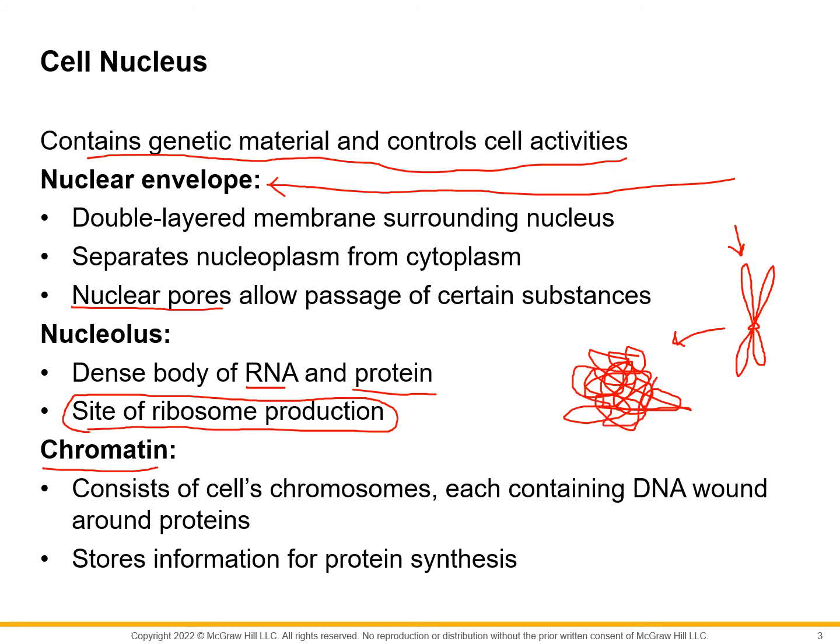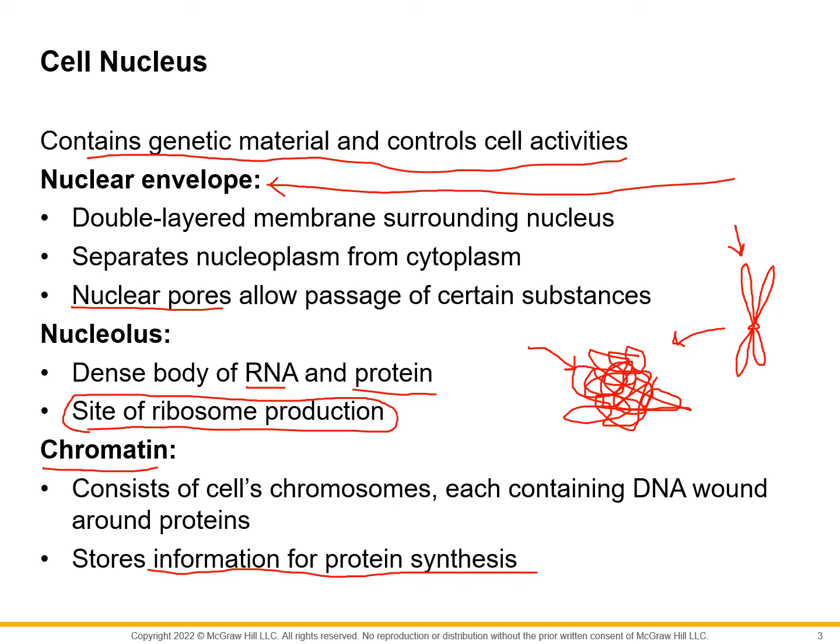So chromatin is chromosomes when they are not all coalesced into that chromosome structure that we're familiar with when the cell is going through mitosis. But we're going to learn that the chromatin is all about the information for protein synthesis and how to make proteins, or that's a big part of it.